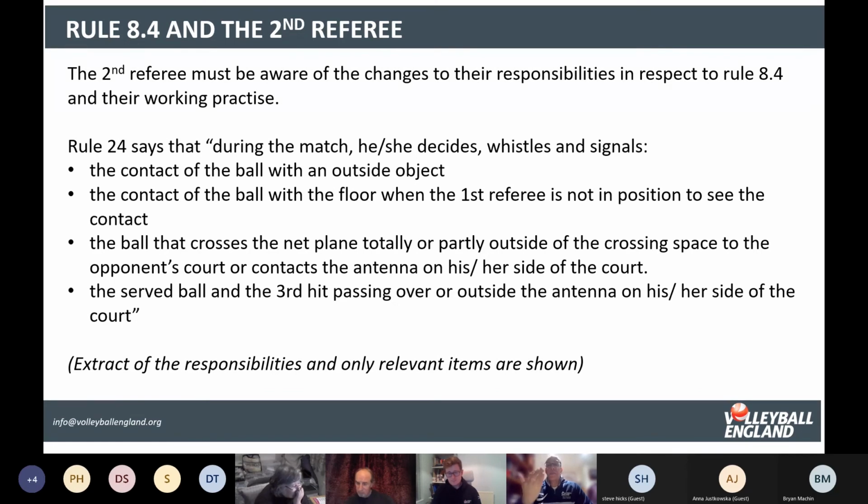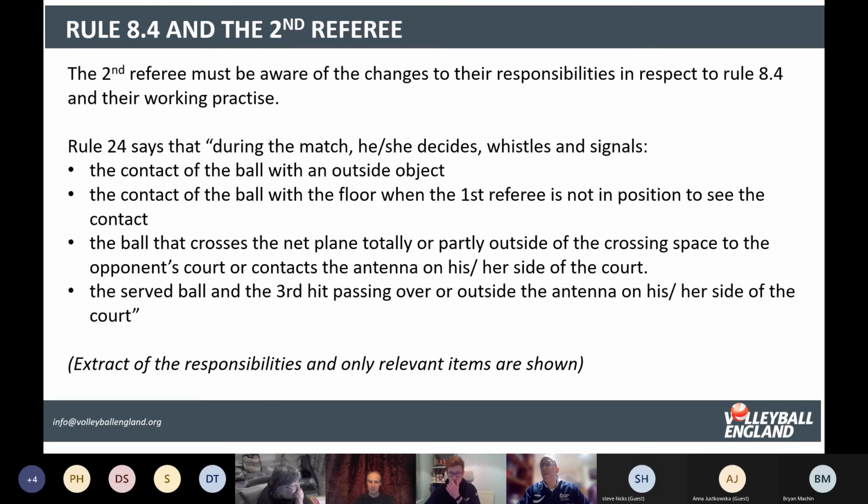As soon as it passes outside the antenna, you can signal out and you would maybe be expected to by your first referee. And also you now can signal the served ball and the third hit passing over or outside the antenna on your side of the court as out as well.